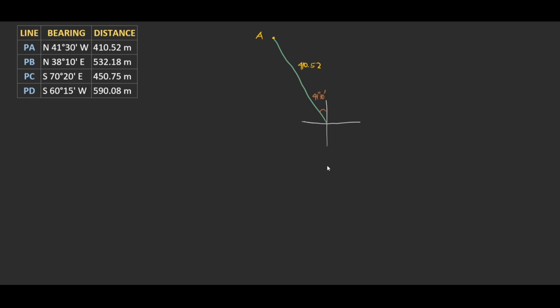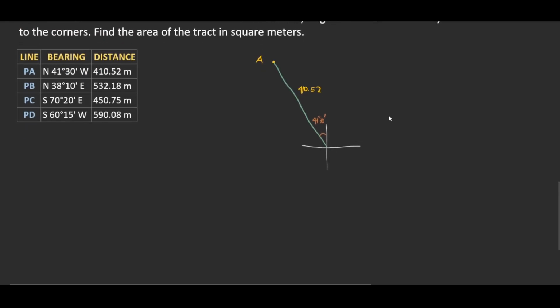So north 38 degrees 10 minutes east, so 532. So let's see. So it's longer than PA, right? So let's draw it here. A little bit longer than PA. So actually, it's a lot longer, 100 meters longer, approximately. Let's draw it like that. And then we have here, this is B, right?